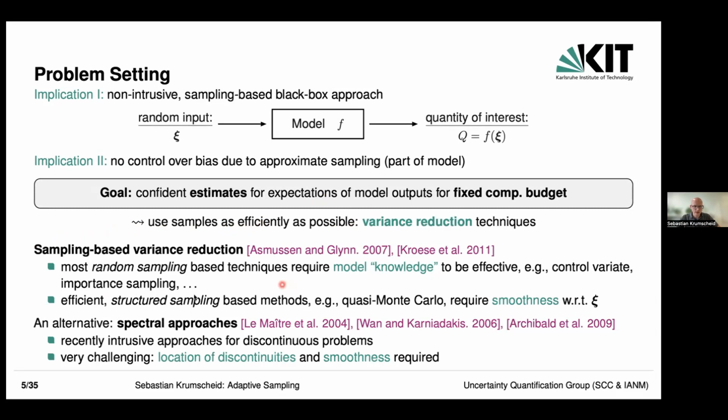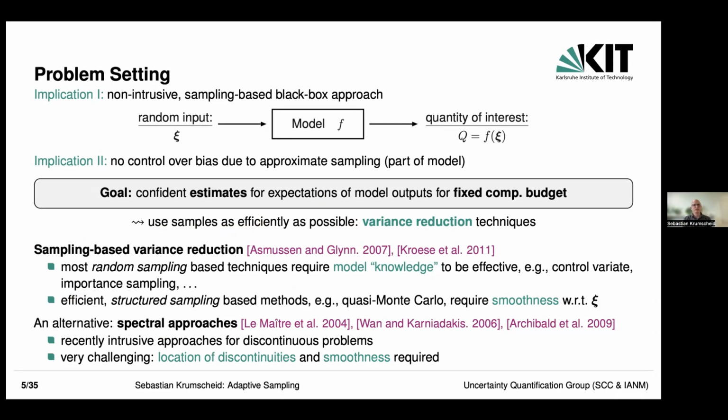I just clustered them in two approaches. One which I call sampling-based approaches, something like control variates or importance sampling. Now, in this setting, we couldn't think of a good control variate usually. And for importance sampling, since we don't really know where the discontinuities are in the stochastic domain, we had some ideas about importance sampling, but it didn't really work out for us.